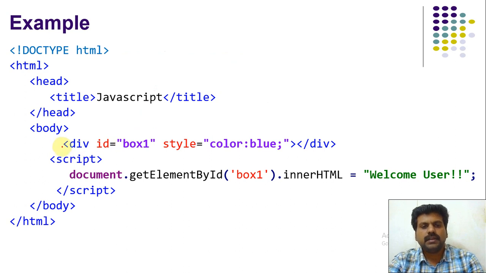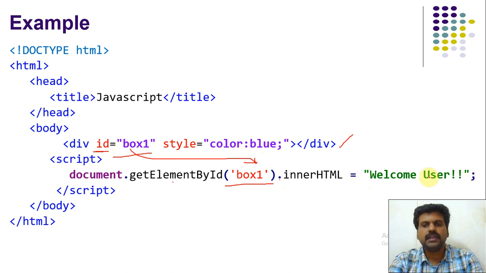So for example, here in this example, you can see here we have a div element. Inside div element, we have an ID. ID is box 1, right? So we can find this element by using document.getElementById. That particular ID you have to pass here, and dot inner HTML equal to welcome, some data you can assign. So this data will be displayed inside the div tag.